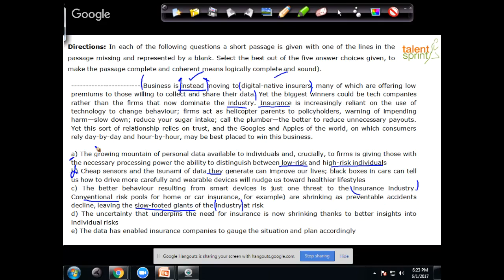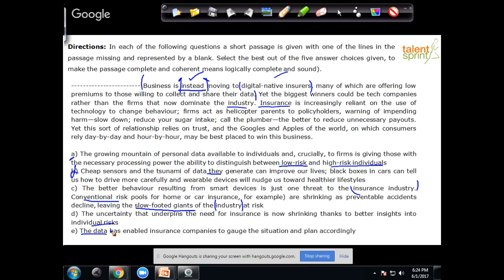The uncertainty that underpins the need for insurance is now shrinking thanks to better insights into individual risks. Again, thanks to better insights into individual risks, is the succeeding sentence giving me any sort of information or any link? Not really. E, the data has enabled insurance. What data?